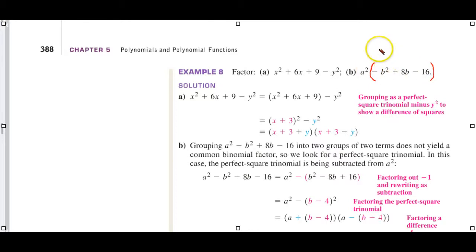Now factor out a -1. Reverse the signs. Then you have your difference of perfect squares. Wow, that's a little tricky.